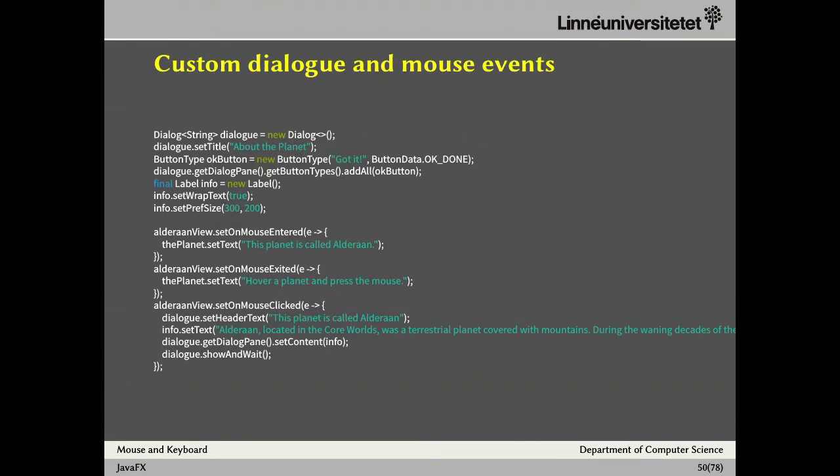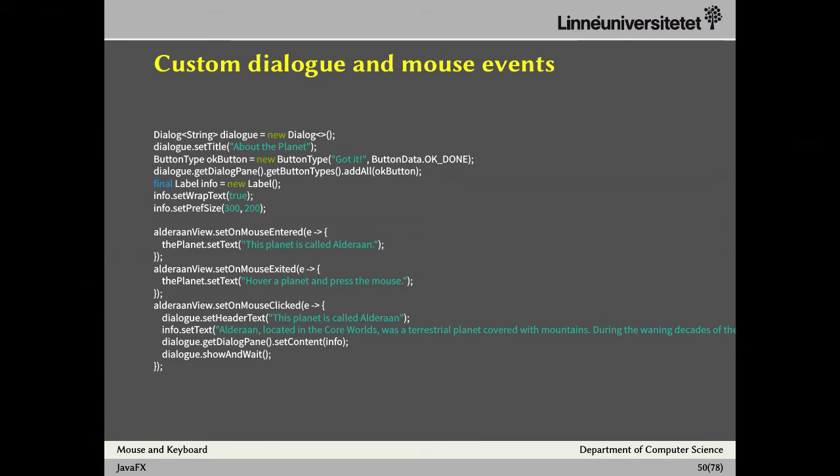I will not show you all the different planets, just Alderaan in this case. But what we are doing is that we create a custom dialog called Dialog, with a name about the planet. It has a button type, which is of type OK done, with the name "Got it".